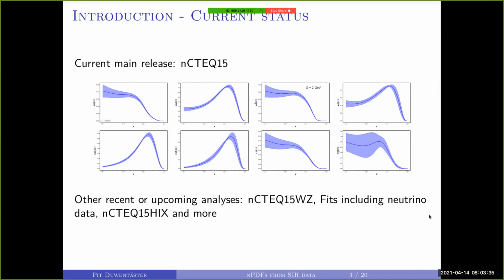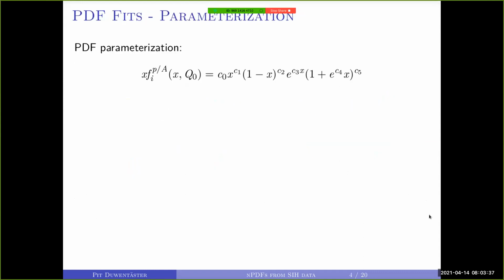Let's get a quick reminder of how the PDF fitting in our framework works. We take this as an ansatz for each PDF flavor that we include in the fit, for example up quark, down quark, gluon, or the difference between up-bar and down-bar, where we have a total of 6 parameters at some initial scale Q0, from which we then go to higher scales via DGLAP evolution.